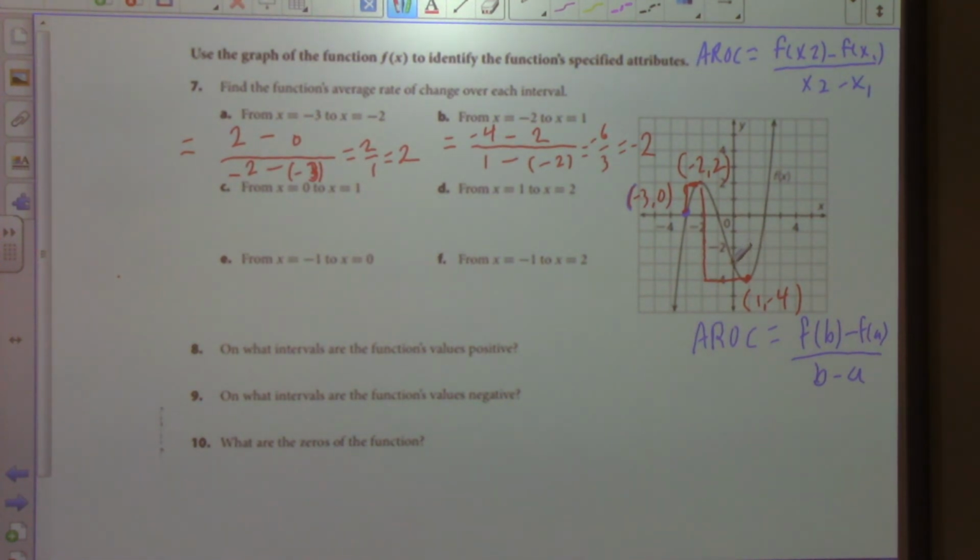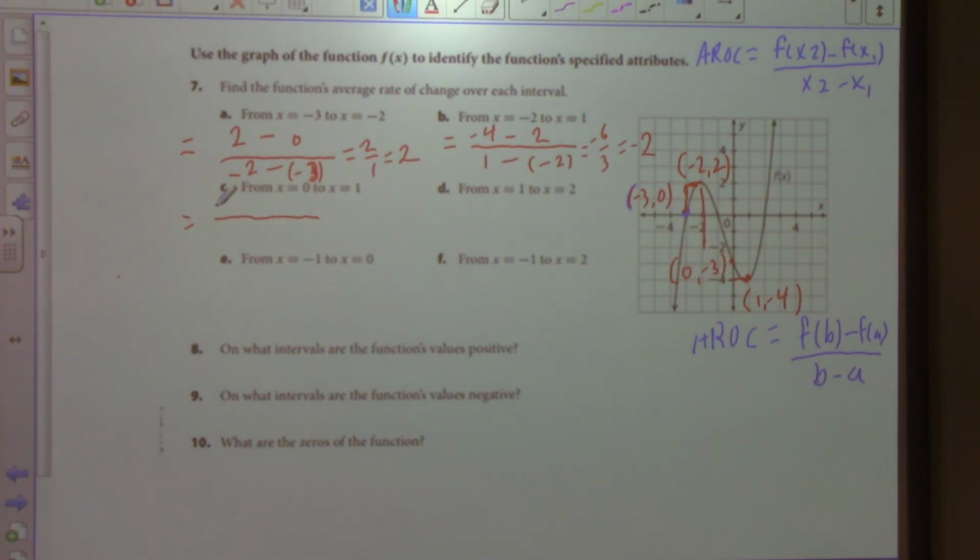Now next, between 0 and 1, we have this thing down here, right? Which I'm going to call, let me erase this a little bit. We have 0, comma, negative 3. So how do we do this one here, between 0 and 1? Well, f of 1 looks like negative 4, right?